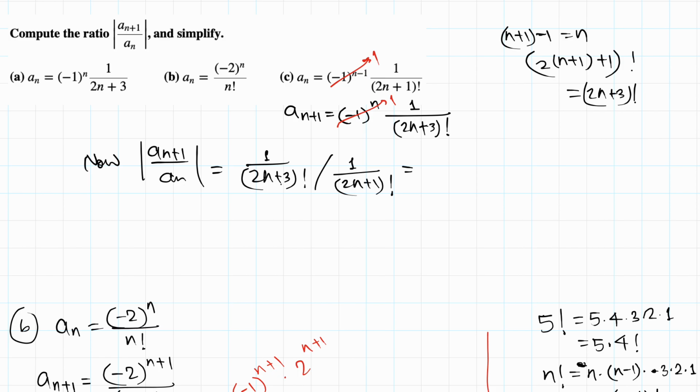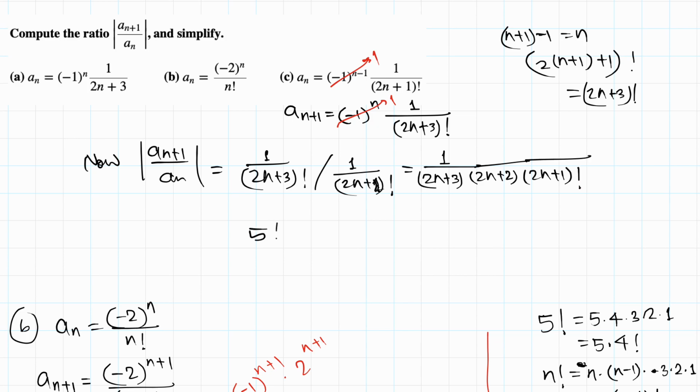So we need to expand this. So this is 1 over, we can do 2n plus 3 times 1 less, 2n plus 2 factorial. But our need is to go even 1 less. So we can go 2n plus 2 factorial as 1 more, next would be 2n plus 1 factorial.